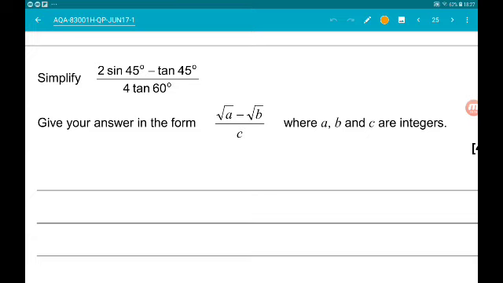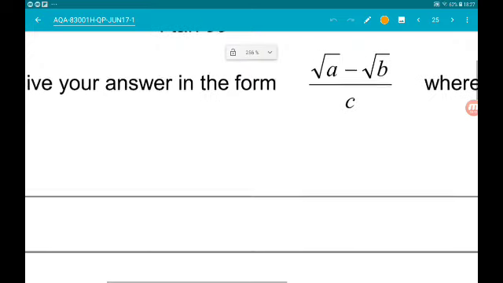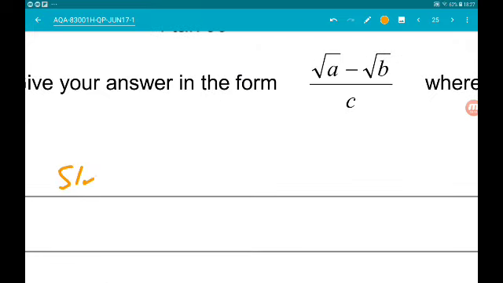So this relies on your knowledge of exact trig values, which is on my list of things to do. Hopefully by the time you're watching this, I will have done it, and it will be linked down below. For now, sine of 45 is root 2 over 2.